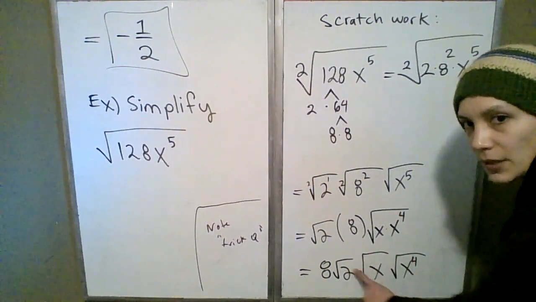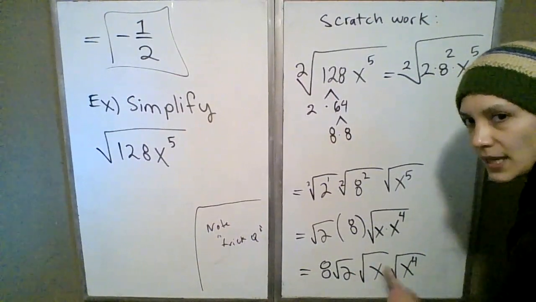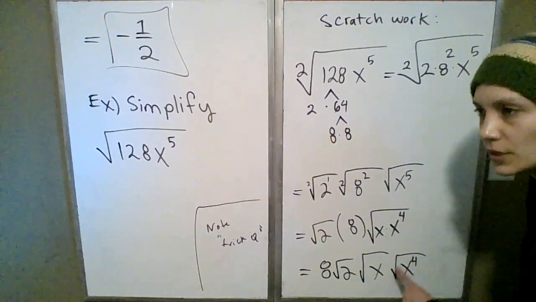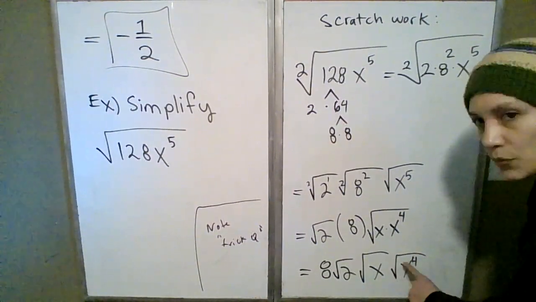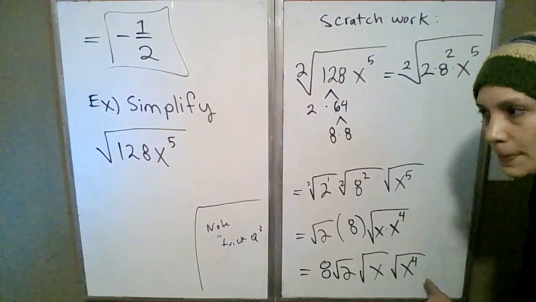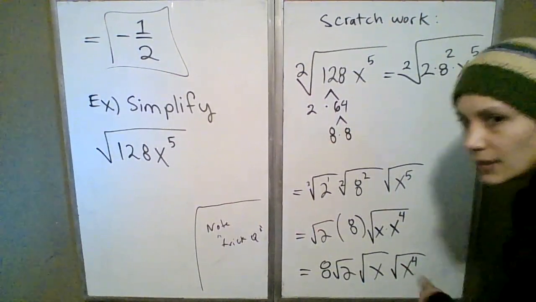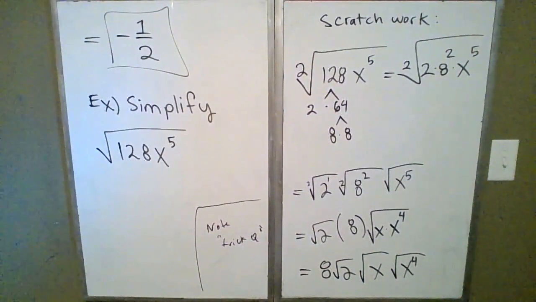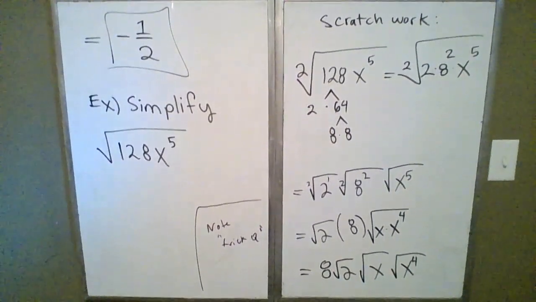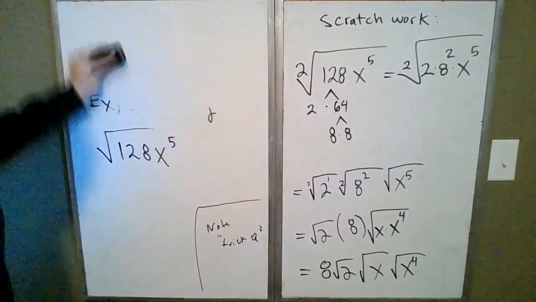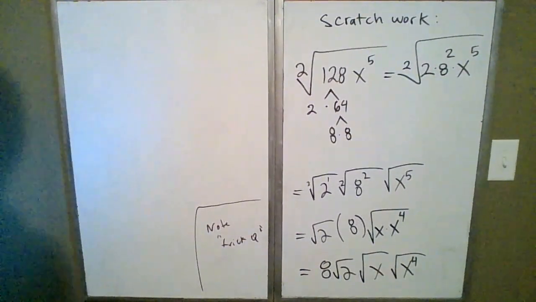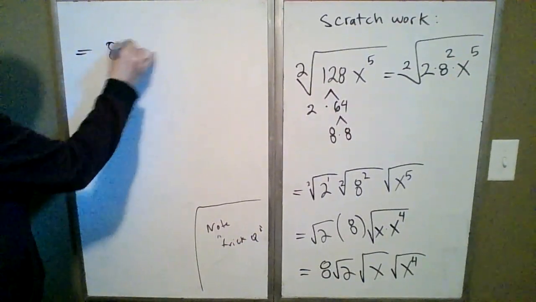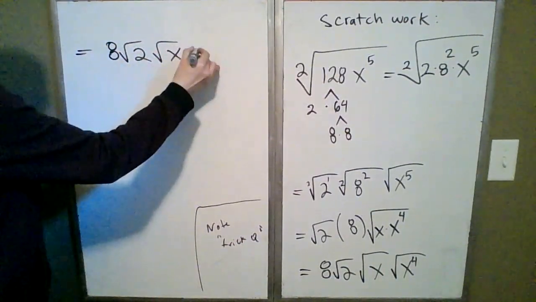This power is 1 and the root is 2, which means this root of x cannot be simplified any further. But this power of 4 is greater than the root of 2, so I can simplify the root x to the 4th, which would be x squared. So I've got this 8 root 2 root x times x squared.